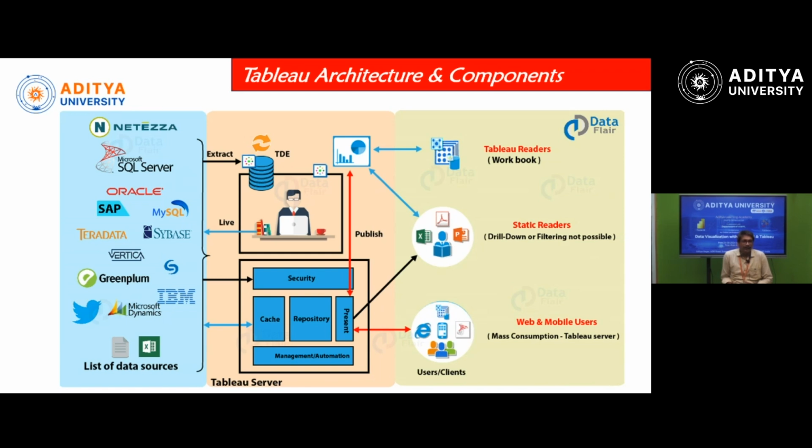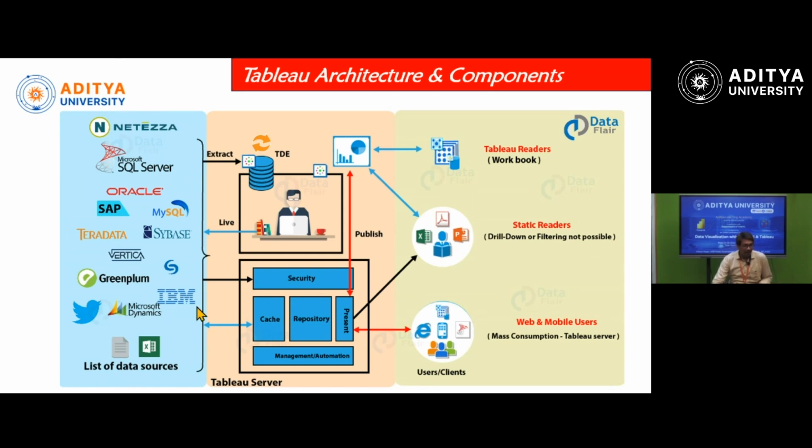In the first layer, you will have a list of data sources. We will have Excel, normal notepad, different databases related to different vendors, and even raw format as well.